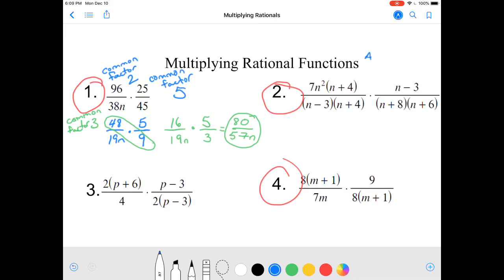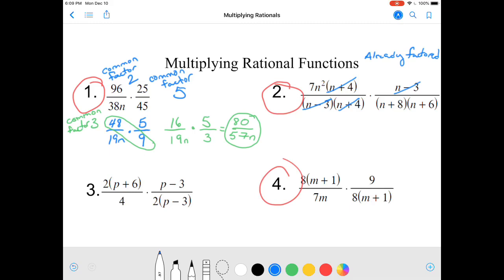Moving on to problem 2, you can see that it is already factored, which makes this really, really easy to simplify before we multiply. We're going to look for any common factors from the numerators and denominators. It doesn't matter if they're above or below each other or diagonal from each other. So we have n plus 4 as common factors, n minus 3 as common factors, and if we look, that's all of the common factors.